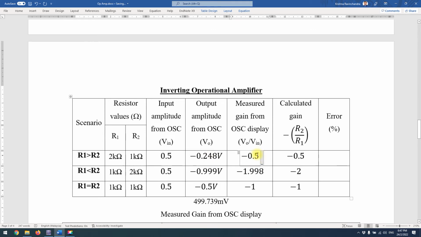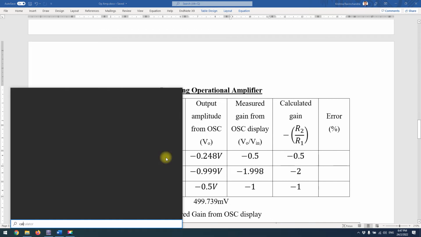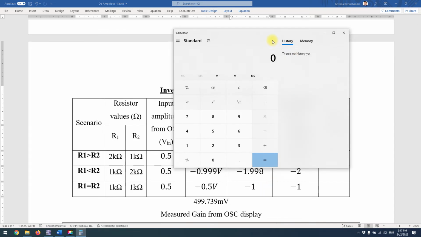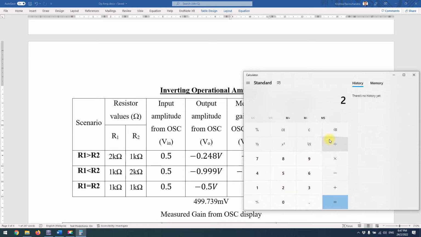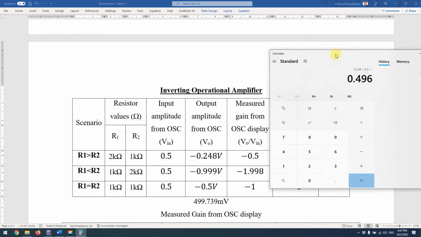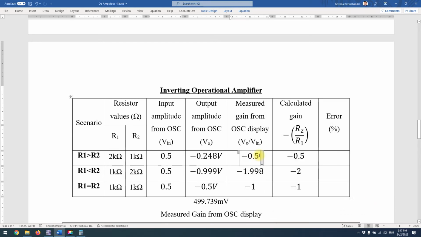So now what happens is that you're definitely going to get a change of the gain. So the measured gain now will be changing. You're going to take the output, so it's going to be 0.248, you divide by 0.5, so there you go, you get your gain to be 0.496.